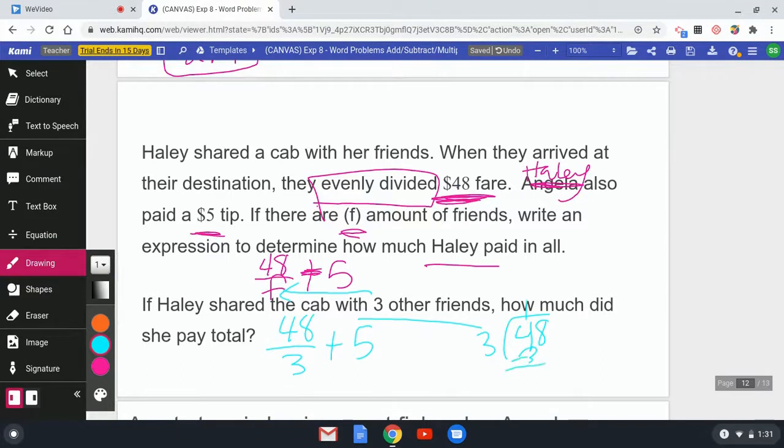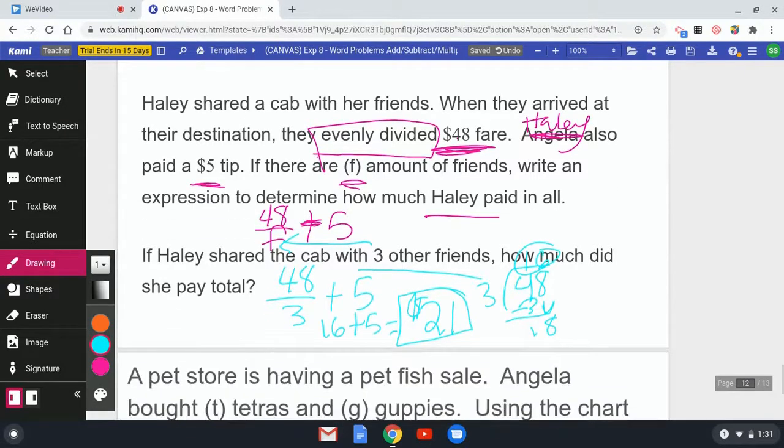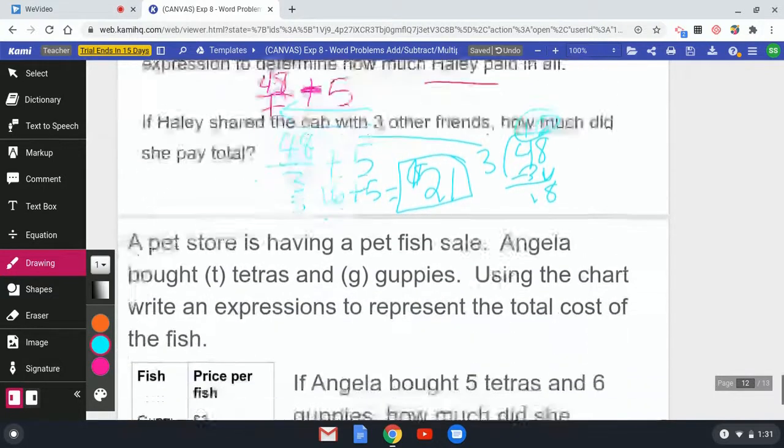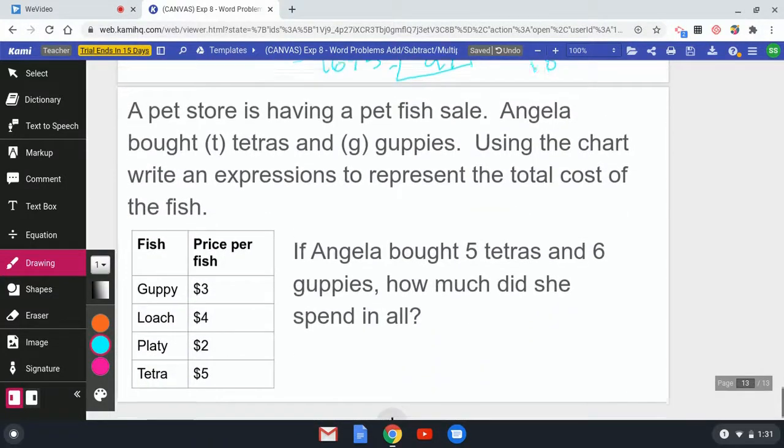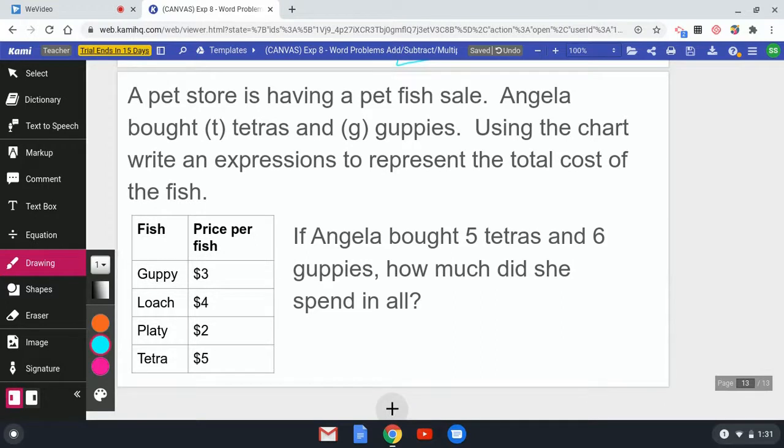Let's see. 3 goes into 18, 6. So I would have 16 plus the 5. So what did she pay? $21. Each of her other 2 friends paid only $16, right? All right, last problem on here. Go ahead and pause and try.